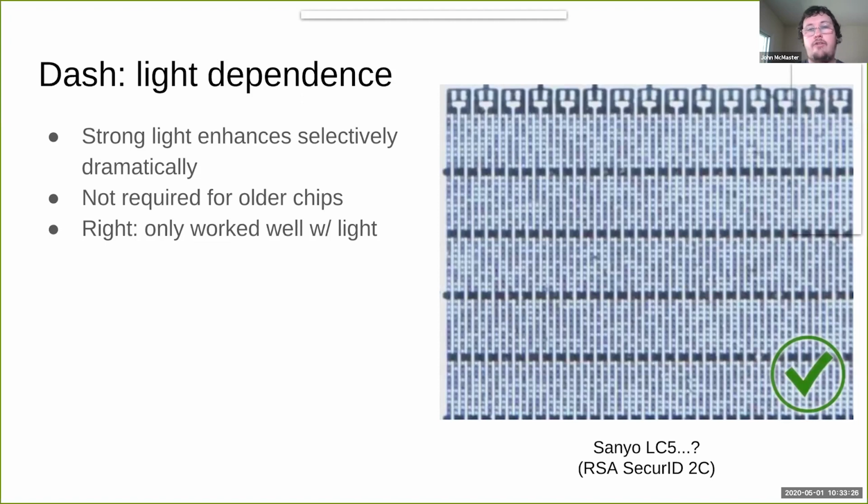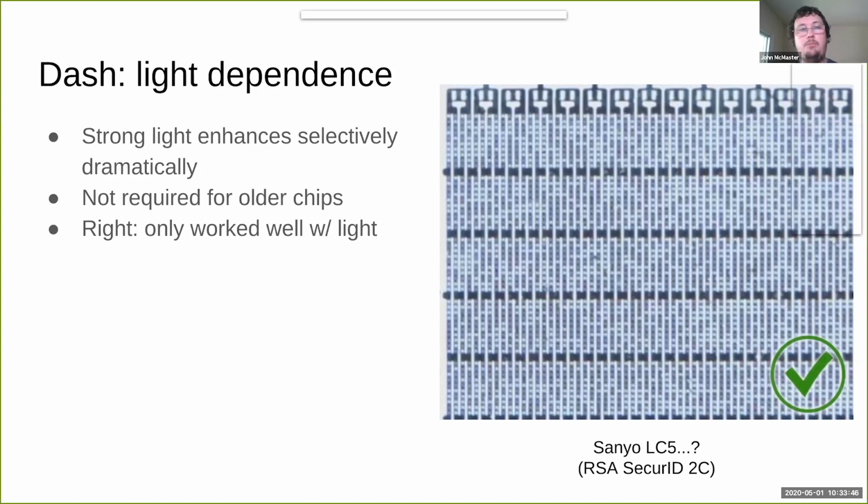Generally I found that this level of selectivity is not really required for older chips because the implants are just so much larger. You just don't need to be as careful. But if you have a newer chip with much thinner differences, then you need to do things to enhance this contrast even further.